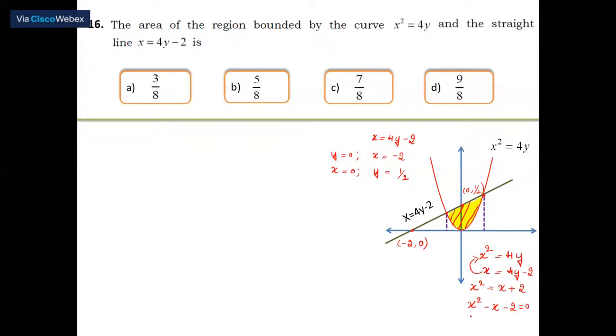So based on this, we can write the equation as x square minus 2x plus x minus 2 is equal to 0.